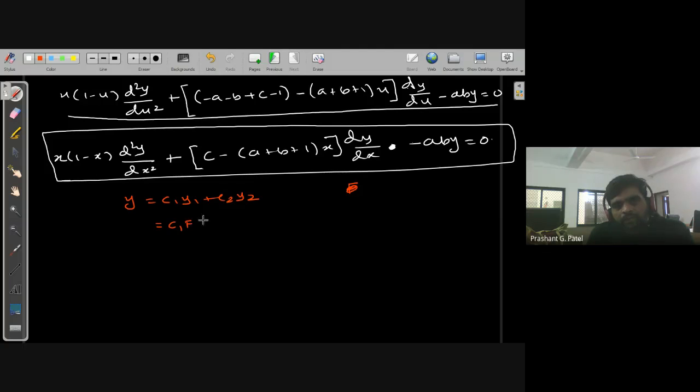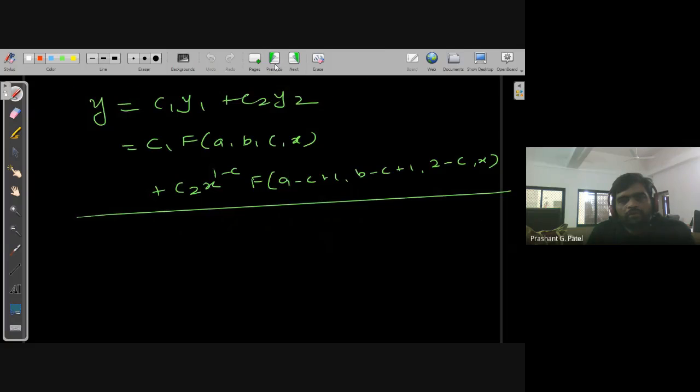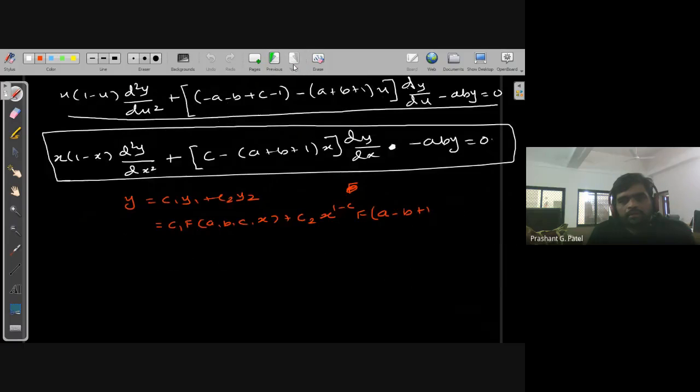That is c1 F of a, b, c, x plus c2 x power 1 minus c F of a minus c plus 1, b minus c plus 1, 2 minus c, x.